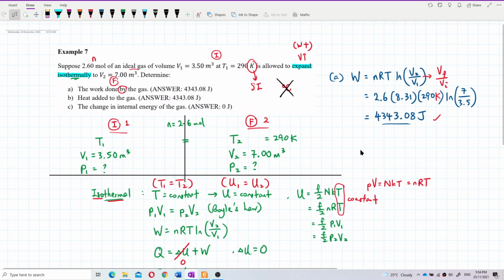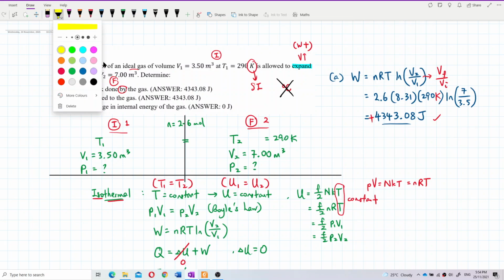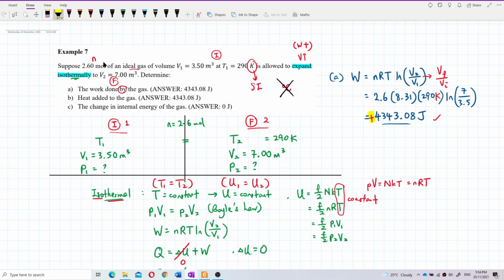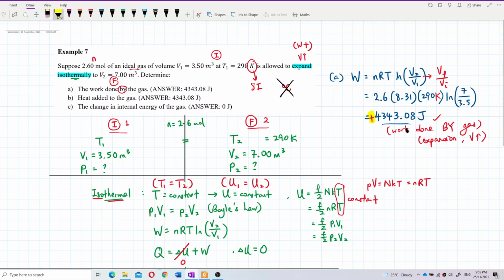What does positive work done mean? It means expansion, so it's work done by the gas, or work done by the system.